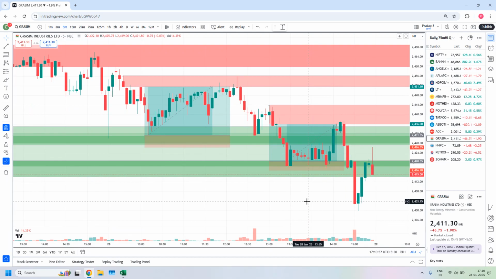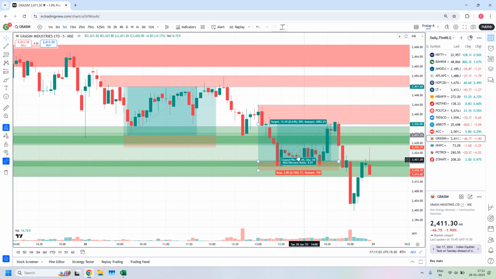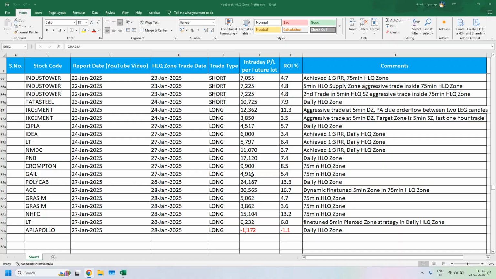But we got the profits. We got 2 profits. This is from the high liquidity zone, and this is the fresh fine-tuned 5 minute zone profit. This is how Grasim has given 2 successful trades. First trade it has given 5,062 rupees profit, which is 4.7% ROI. This is from the HLQ zone.